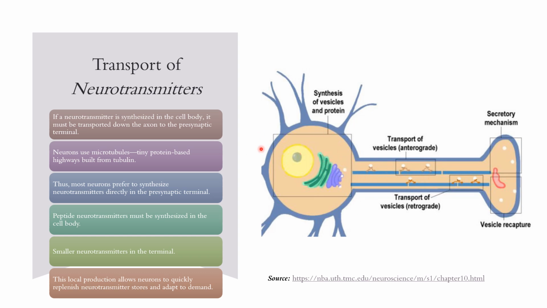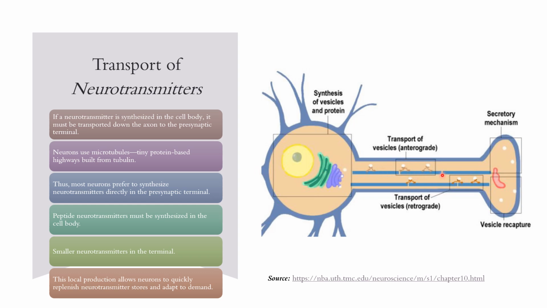Because like other cells, neuron cells have this long process, and sometimes it takes time to transport the vesicles with the neurotransmitters to the terminal. So that's why for some neurotransmitters it is more efficient to produce them here at the axon terminal.